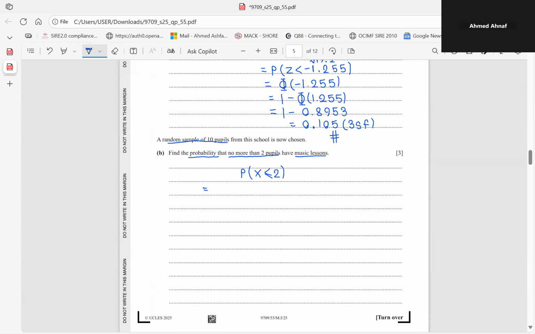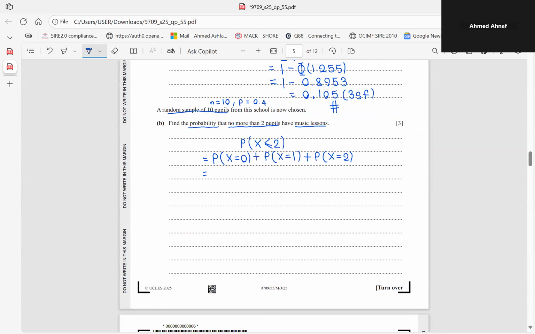So this is equal to P(X=0) + P(X=1) + P(X=2). If you can't tell, this is also a binomial distribution where n is 10 and the probability of success is 0.4.